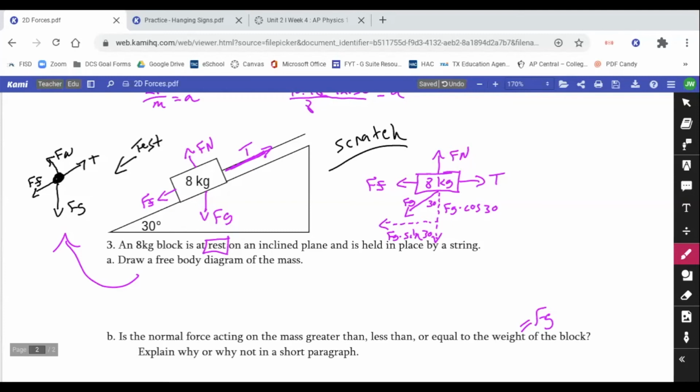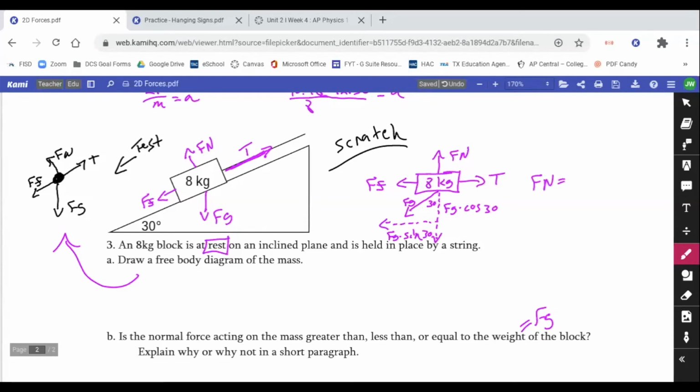Because force normal is equal to the vertical component of force gravity. Yeah, since this box is not moving up and down, it's not moving left or right, our vertical components are balanced. So our Fn, that's the upward force, is equal to the entire downward force.